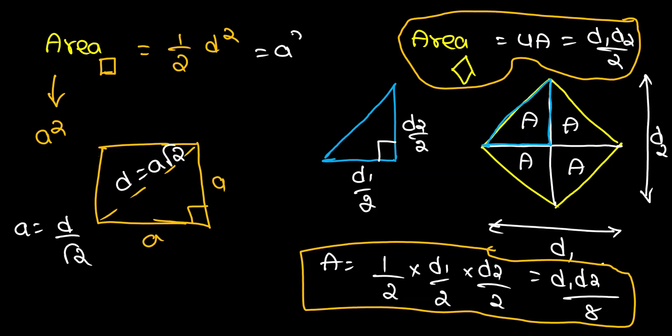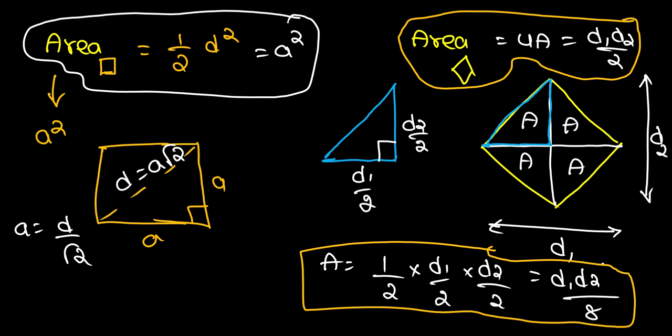We know the area of a square is a square, and D by root 2 whole square is D square by 2. So the area of a square in terms of diagonals is half D square. Certain questions ask for that parameter as well.